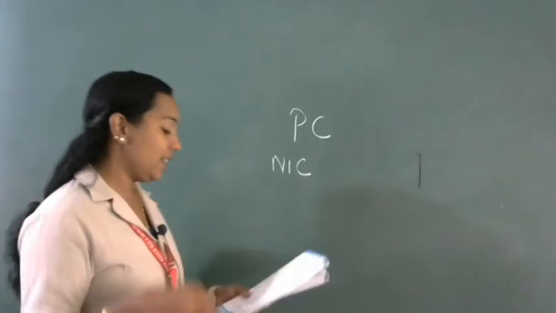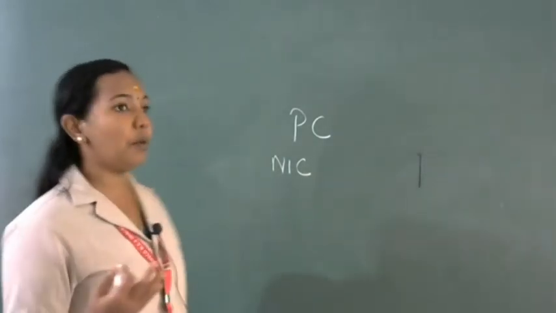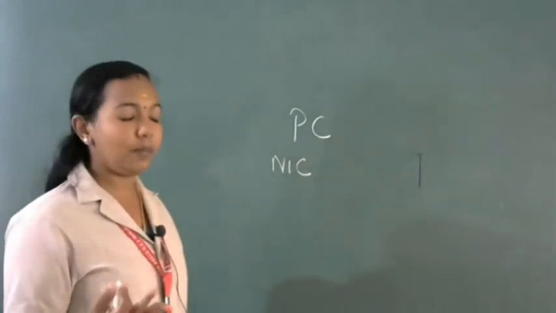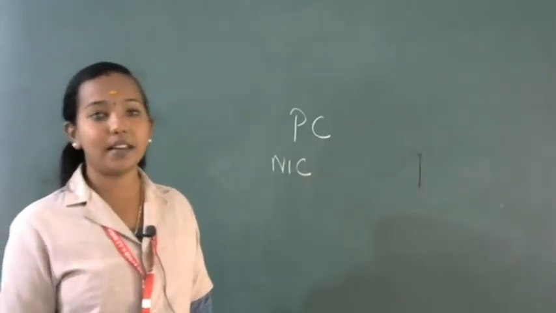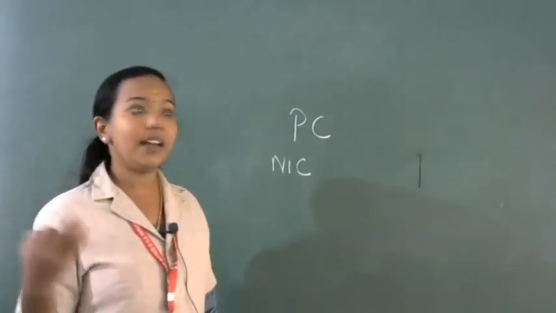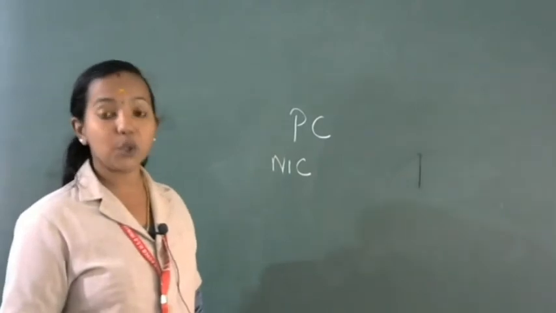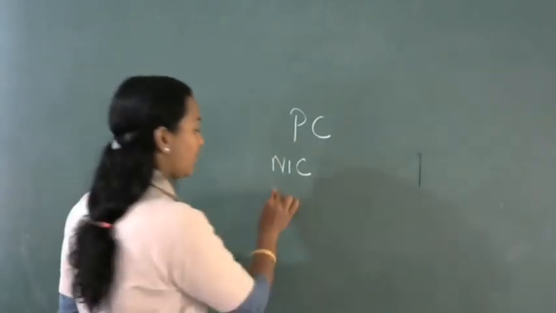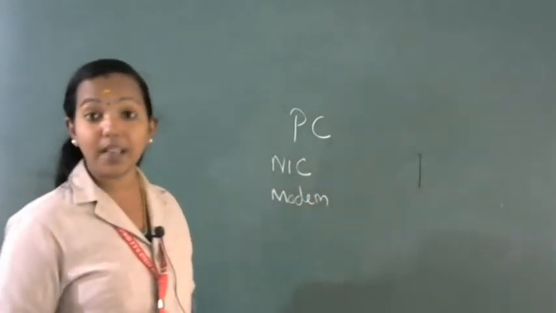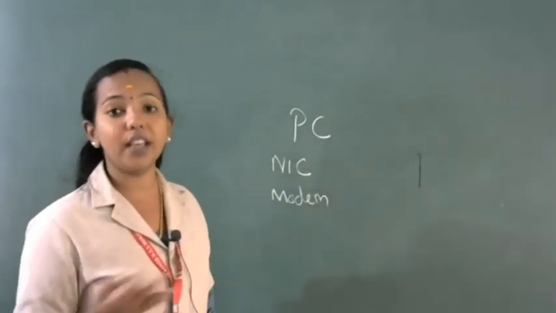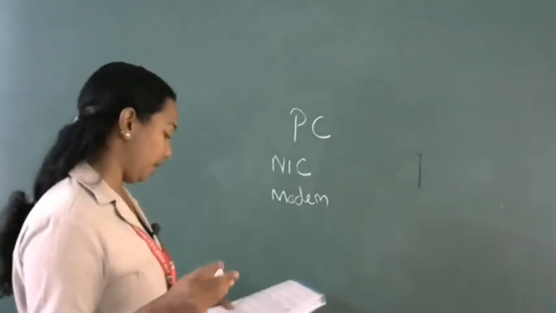Then the second one. If we are using any mobile telecom, for example BSNL broadband or analog signal or any kind of telephone communication channel for accessing the internet, we need a special device called a modem. Modem is also known as modulator or demodulator. So the second component required is modem.